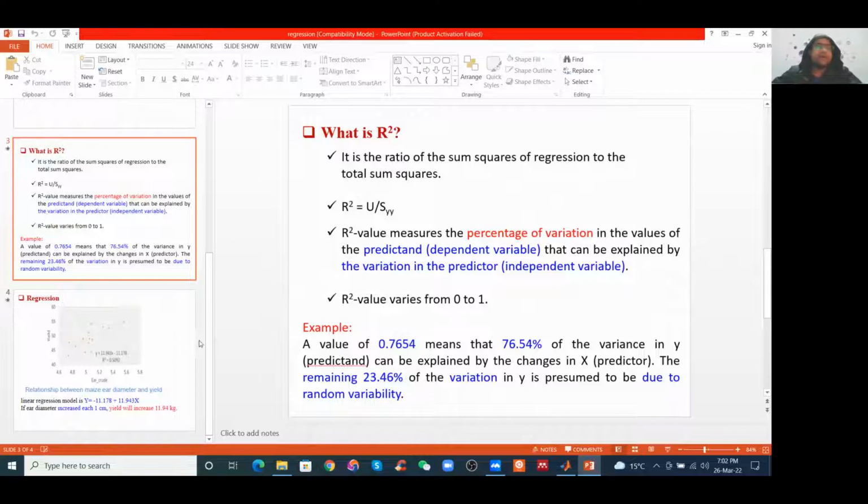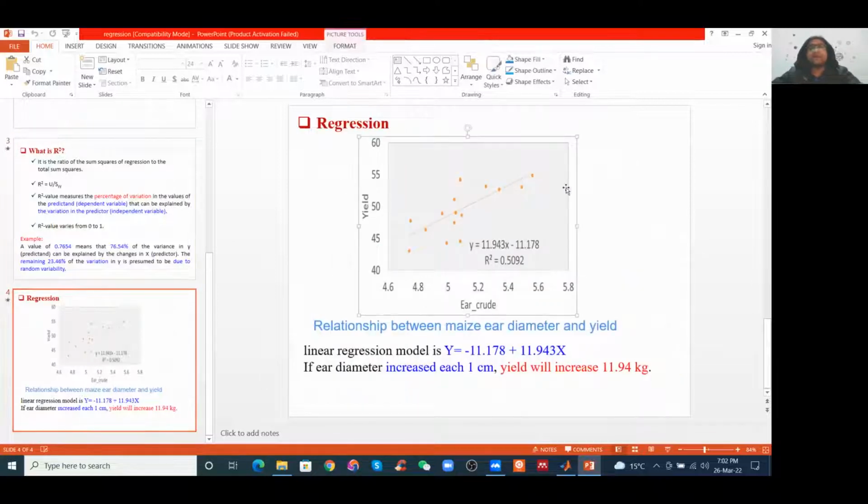Okay. So finally, when you run the regression function in Excel, MATLAB, or any tool, you will get an equation like this. What does it mean? Y is equal to Mx plus B. M is the slope, X is our independent variable, and this is a constant. Then you will get the R square, like 0.54.